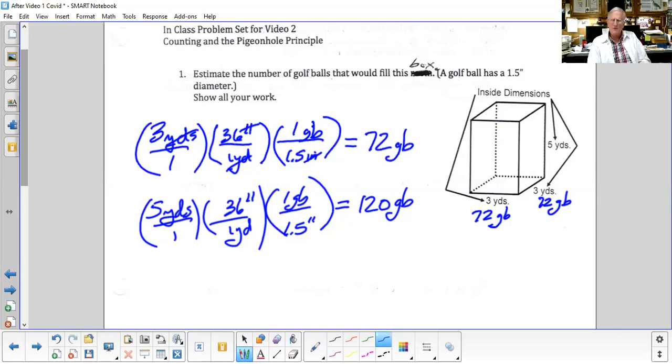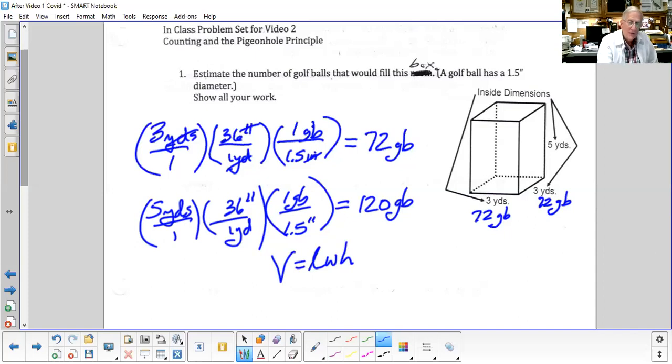How do I get the number of golf balls in here? Well, do you remember from middle school and high school the formula you can use to get the volume of a square prism or a rectangular prism? It is V equals LWH, length times width times height.